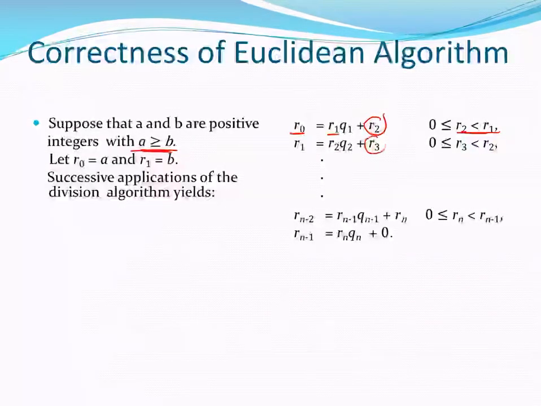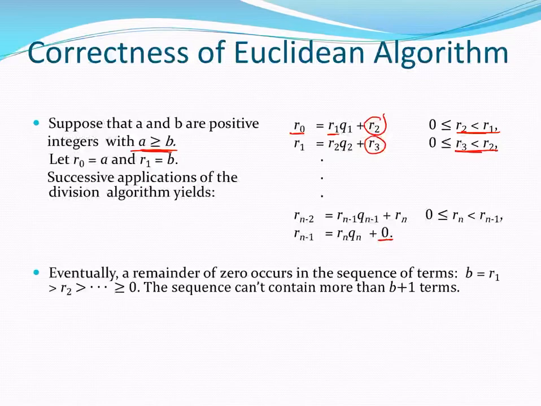And the next remainder, r3, will be strictly less than r2, so that eventually it has to get down to 0. So repeated applications of the division algorithm, with the divisor becoming the dividend and the remainder becoming the divisor, must come to an end.